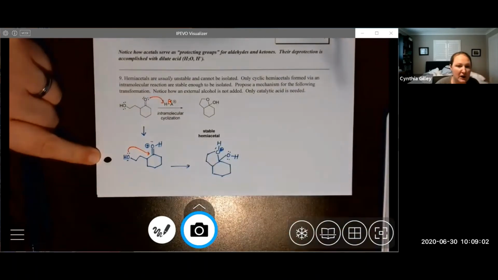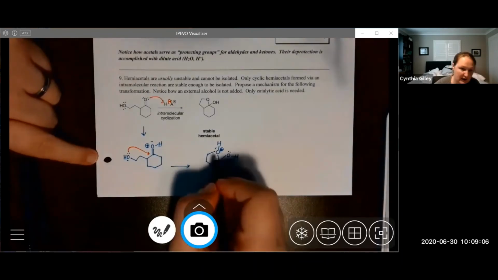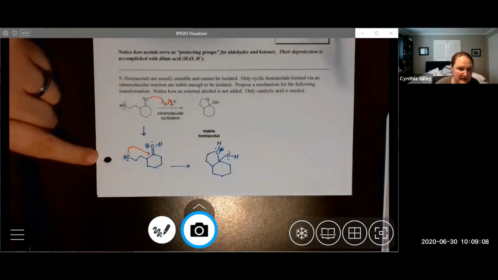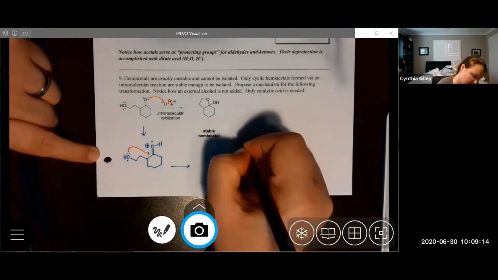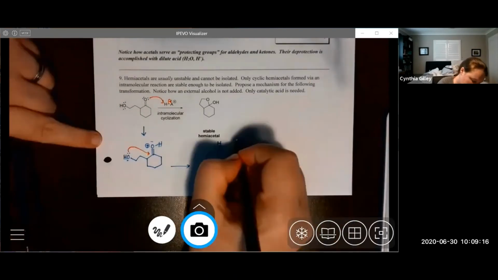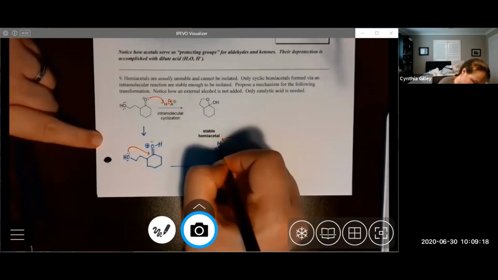The initial product here is this protonated oxygen, and we need to get to the neutral species in order to get to the acetal. So we would just use the conjugate base to do a final deprotonation.